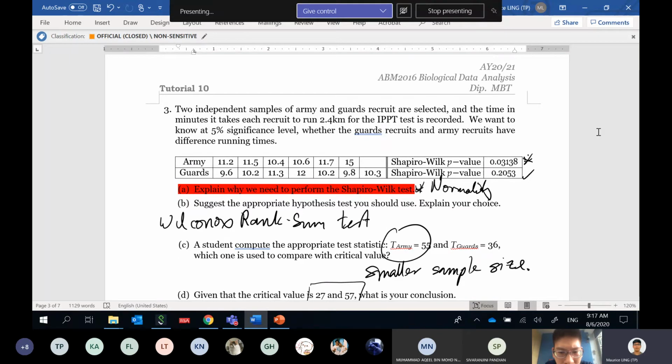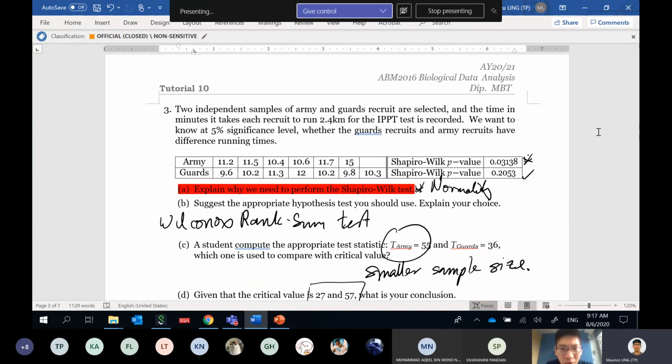They don't bother about normality, because if you use a non-parametric test for normally distributed data, it is still okay. But if you use it the other way around, that means you use a parametric test for not normally distributed data, then it's usually wrong.